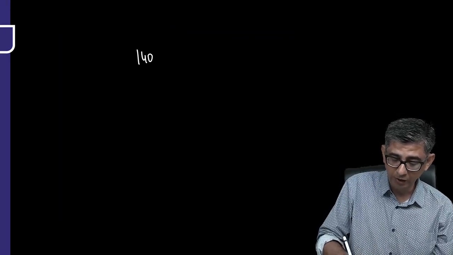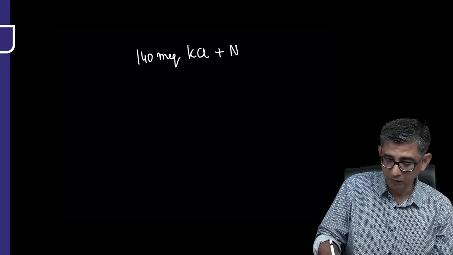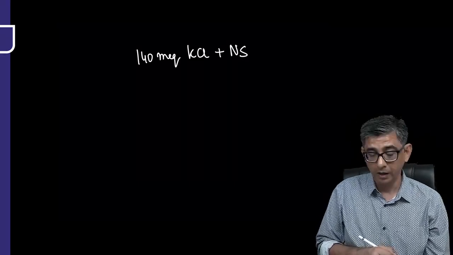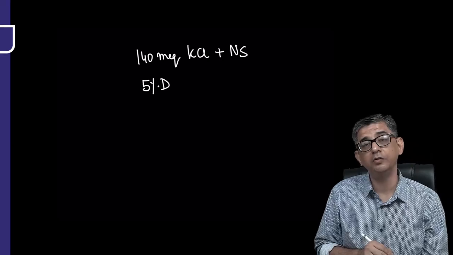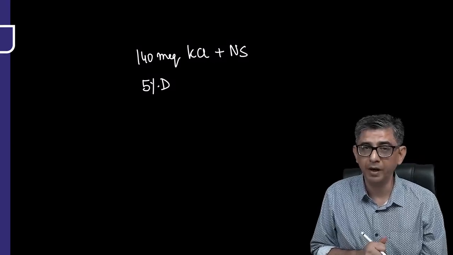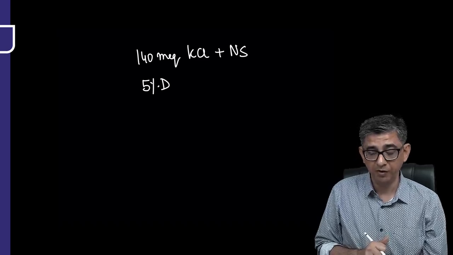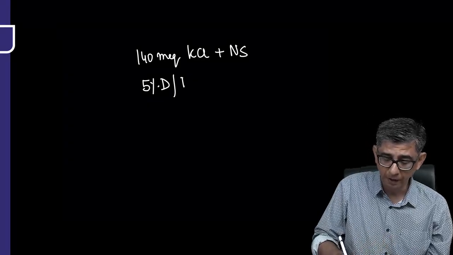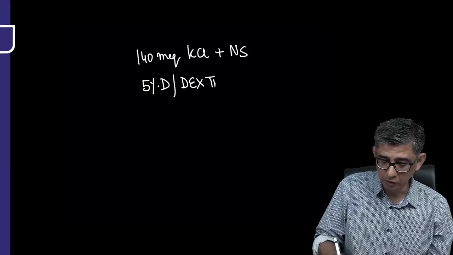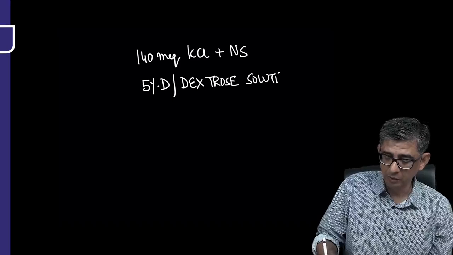This 140 milliequivalents of potassium chloride, which is now going to be administered, should be diluted, should be added to the IV fluid, that is normal saline. Here he will ask you which of the following fluids would not be recommended for this patient. Remember, for symptomatic hypernatremia, I was teaching you 5% dextrose, but 5% dextrose or 10% dextrose, any dextrose solution is not to be given in a person who is being administered potassium chloride.